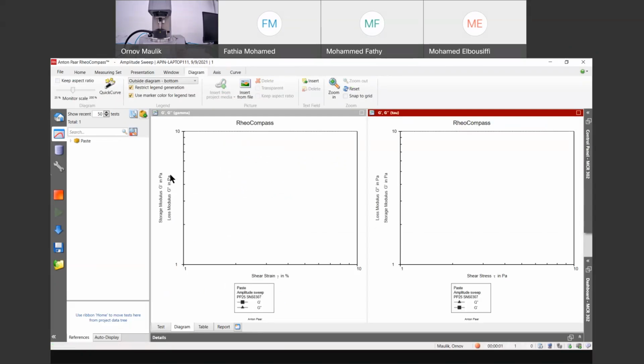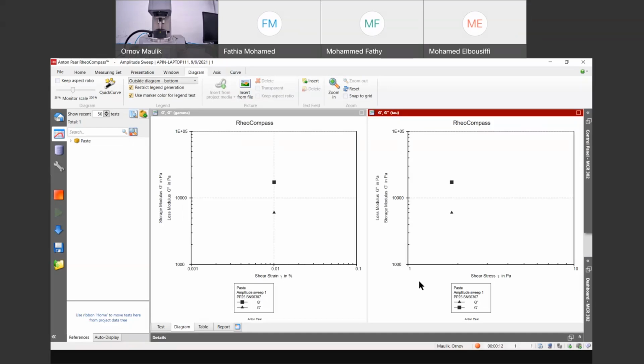Here on the y-axis, you can see G prime and G double prime, and on the x-axis, you can see the deformation strain in percentage. On the right hand side, you would see shear stress on the x-axis and G prime and G double prime on the y-axis.